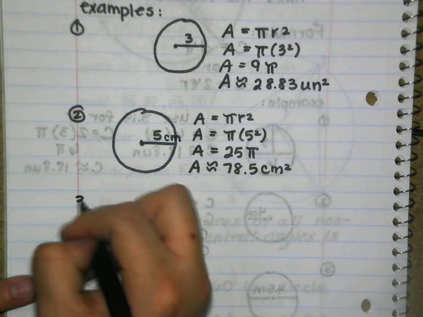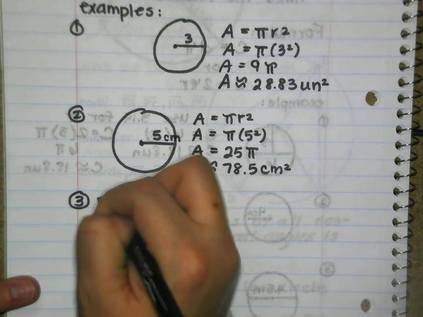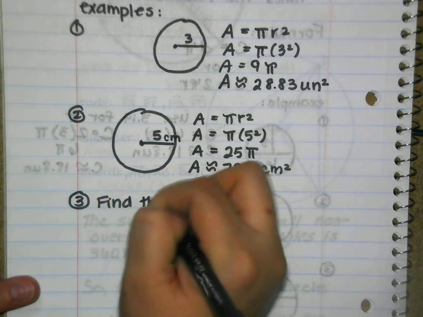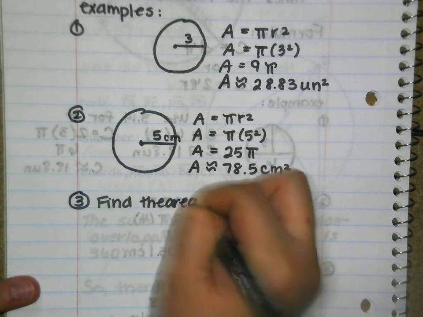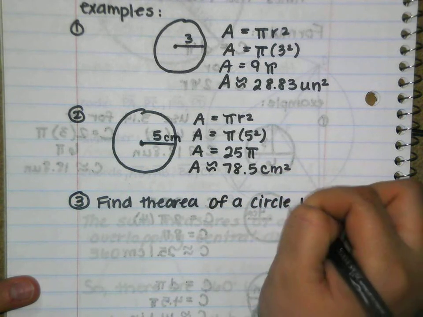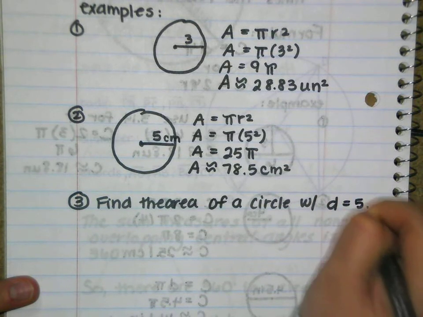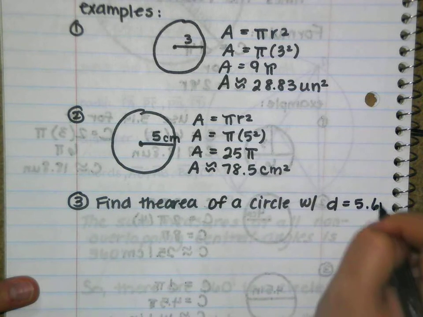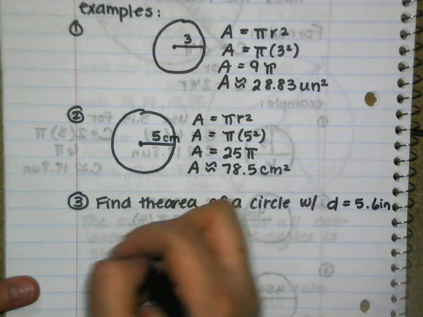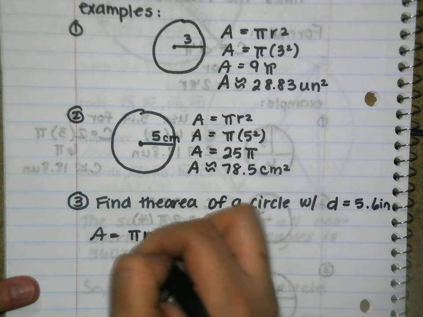Okay, and let's do one last one. This time I'm not going to give you a drawing. I'm going to say find the area of a circle with diameter equal to 5.6 inches. Okay, well first we need to know that the area is pi r squared.